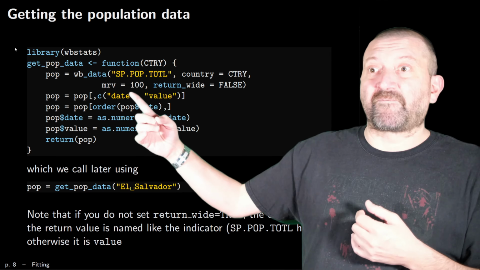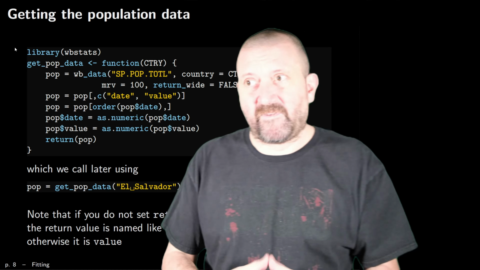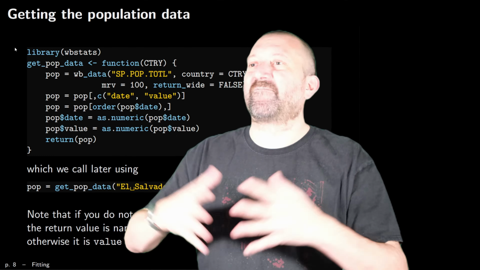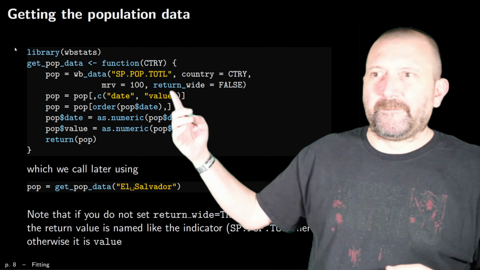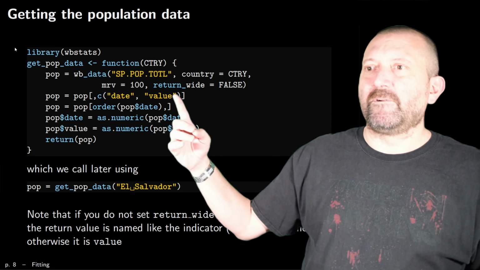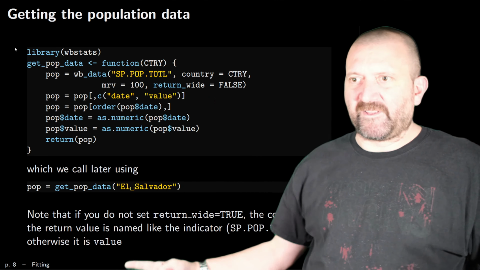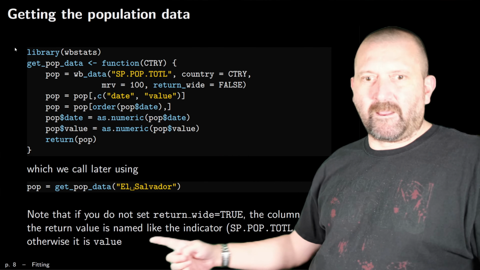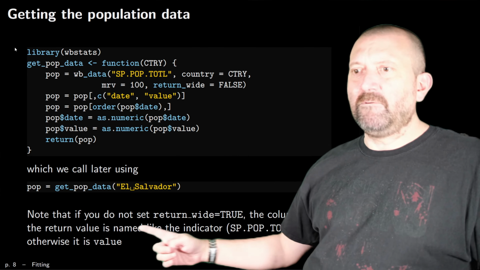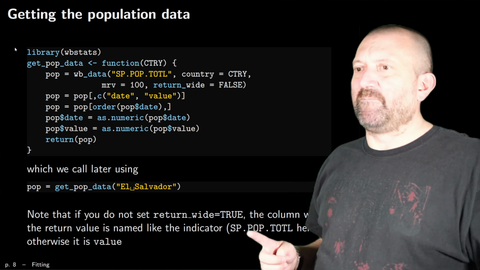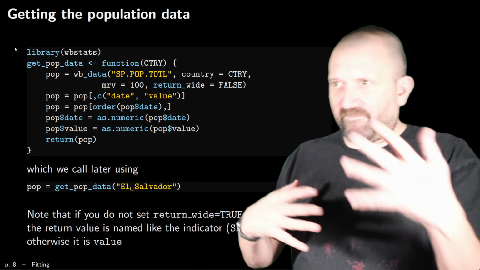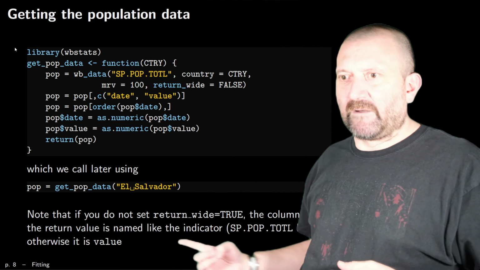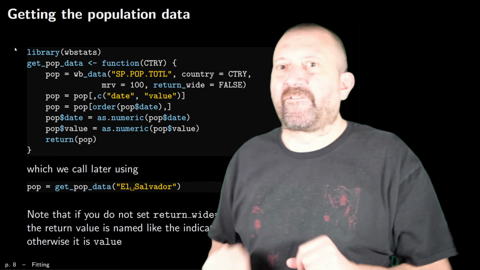I want the most recent 100 values. There are not 100 values to be downloaded, but it gets as many as there are, up to 100. I'm using return_wide equals false. This way, the return value is named value. Otherwise, it would be named SP.POP.TOTL. Because I might be manipulating different indices, I prefer to have a return value called value, but that's just a little thing.